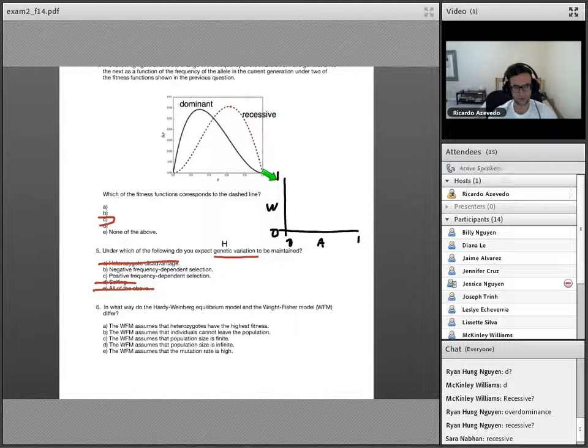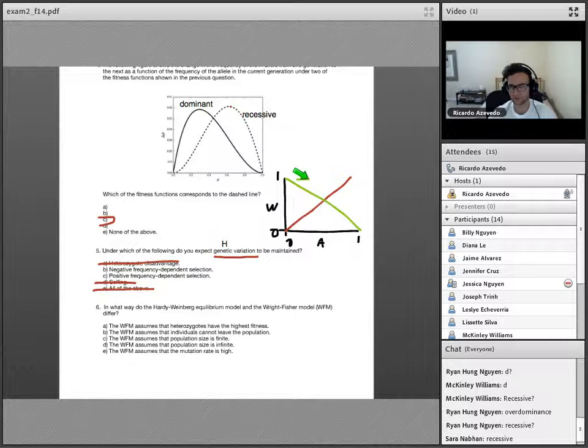Positive is like this, and negative just declines. So negative is the green one, positive is the red one.